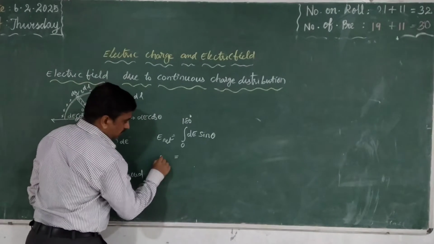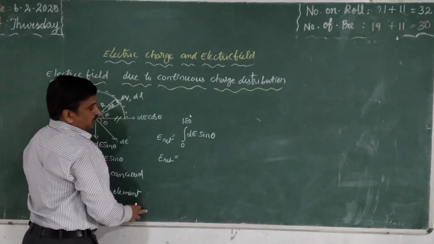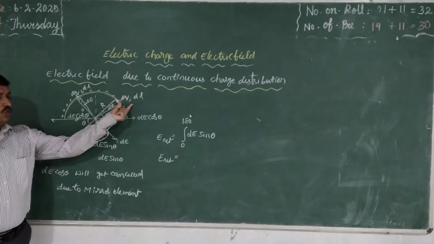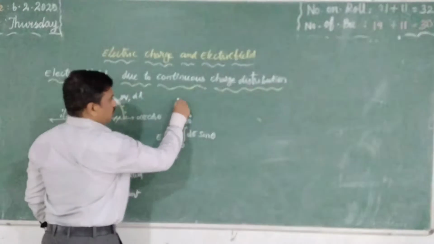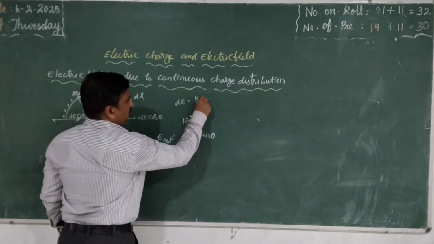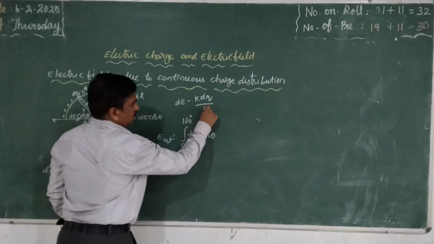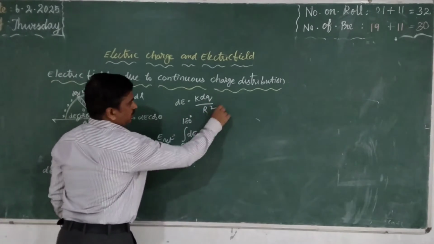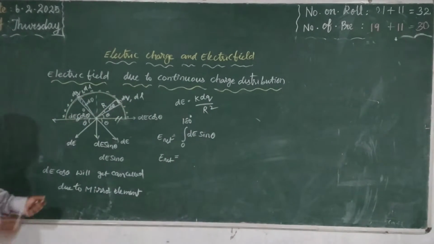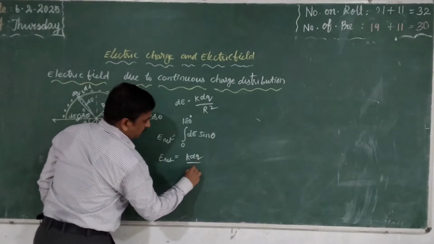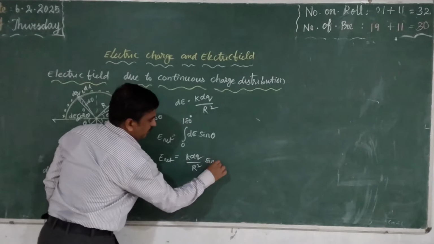Here we can write E net equal to the integral of dE. What is the electric field due to this dq? dE equal to k dq by r square, since the distance between them is r. So we write k dq by r square sin theta.